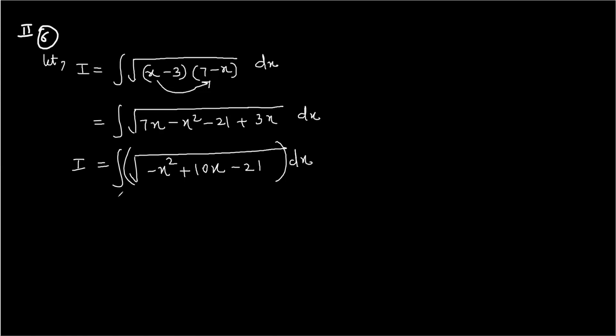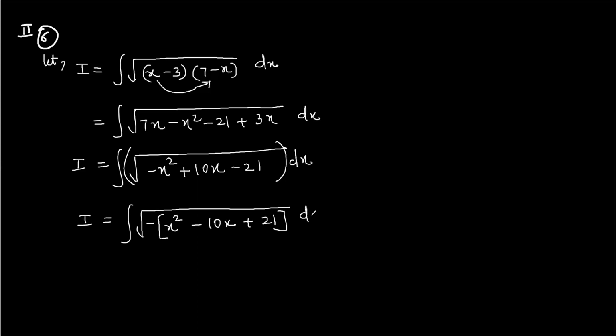The method is, first I will make the coefficient of x square equal to 1. So for that I shall take negative sign common. Negative is common here. So negative 1 or negative sign, whatever you say. So x square, I'll get x square positive, but then 10x will become negative and 21 will remain positive dx.